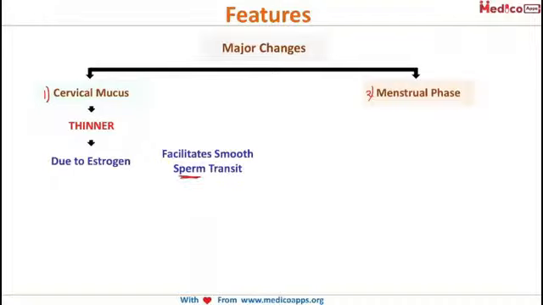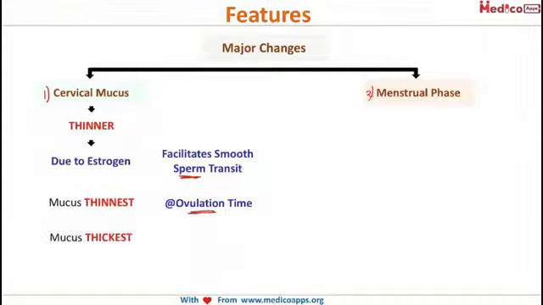That is why in the first half of the cycle, the cervical mucus is thin, right? And it is the thinnest during the time of ovulation, okay? Now, after this occurs, the cervical mucus becomes thick because it is under the influence of progesterone, and we know that finally it becomes very thick when there is pregnancy and forms something called as the mucus plug, right?